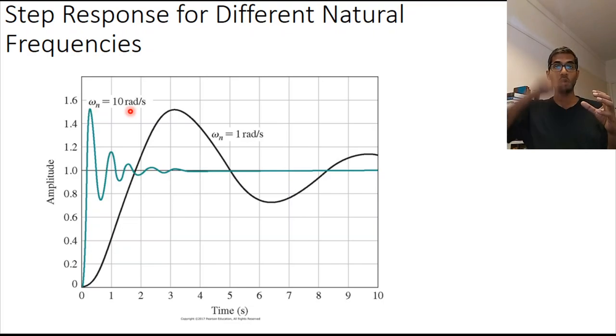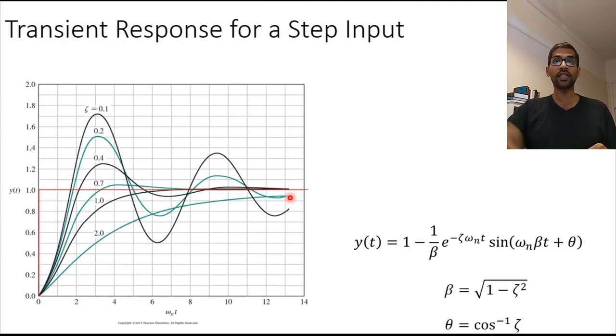So the oscillations have increased, but so has the exponential drop in the amplitude. Here, the amplitude is dropping much faster than here. And this basically corresponds to the equation that we had before, right? So you can see that the frequency would increase as omega n increases, but also this exponential drop would happen much faster if omega n is higher.